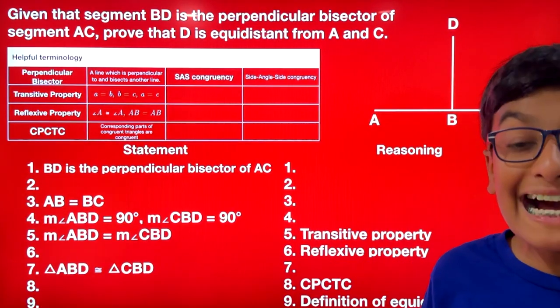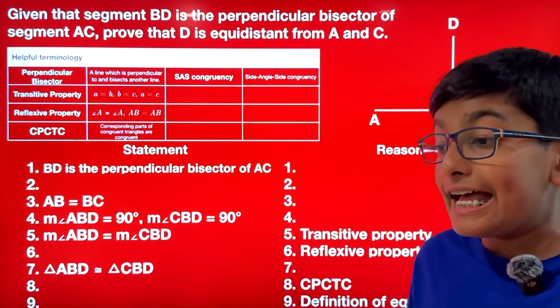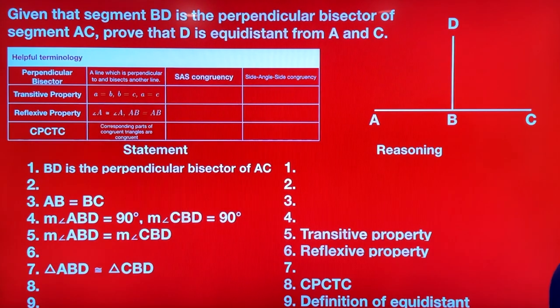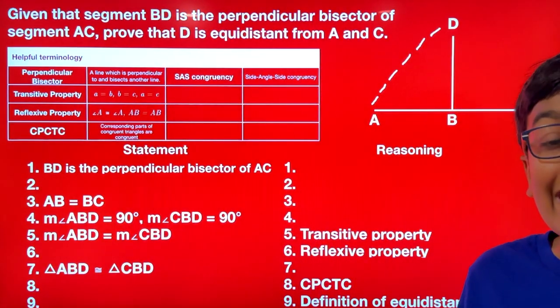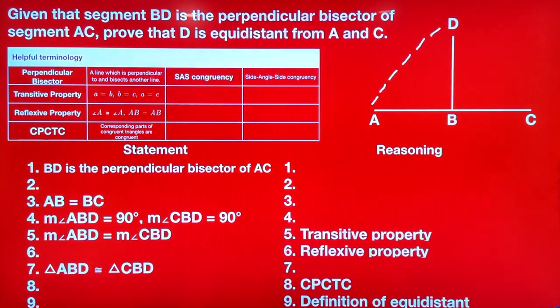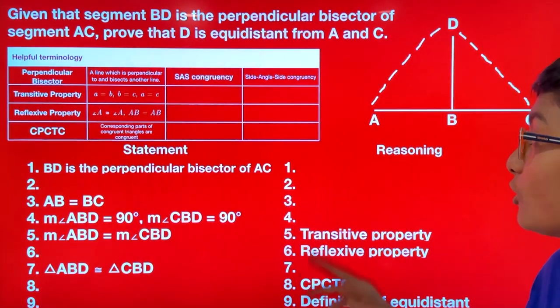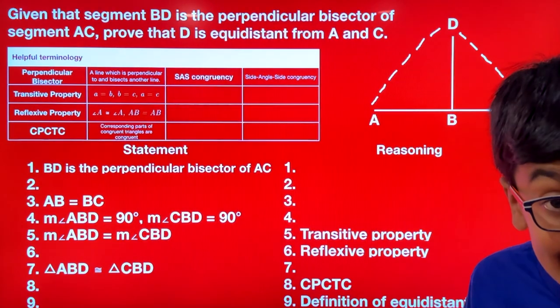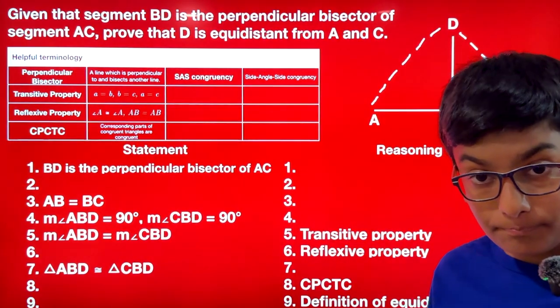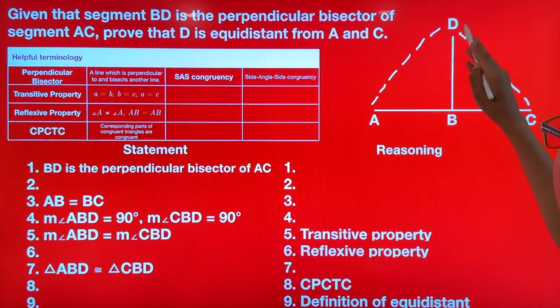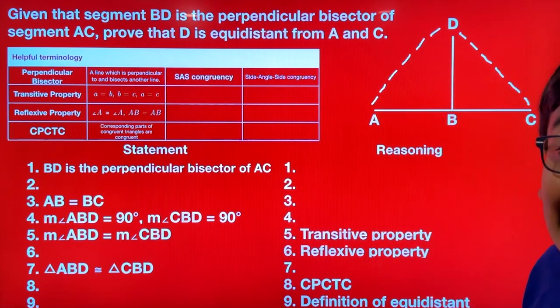Also, essentially, this problem is asking us to prove that segment AD, as illustrated here, is congruent to segment CD. Because if they're congruent, then they have the same length, and therefore D would be equidistant from points A and C.